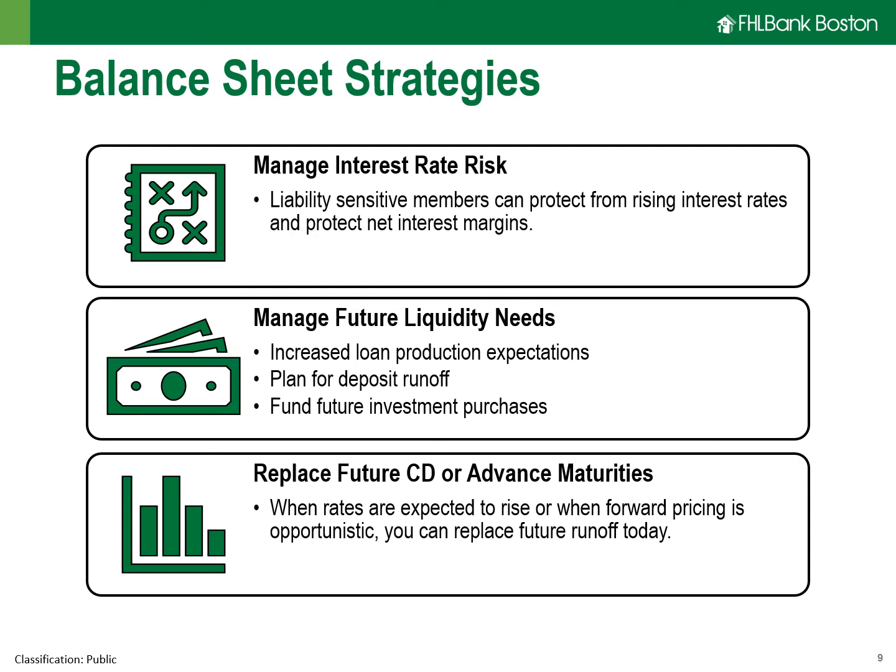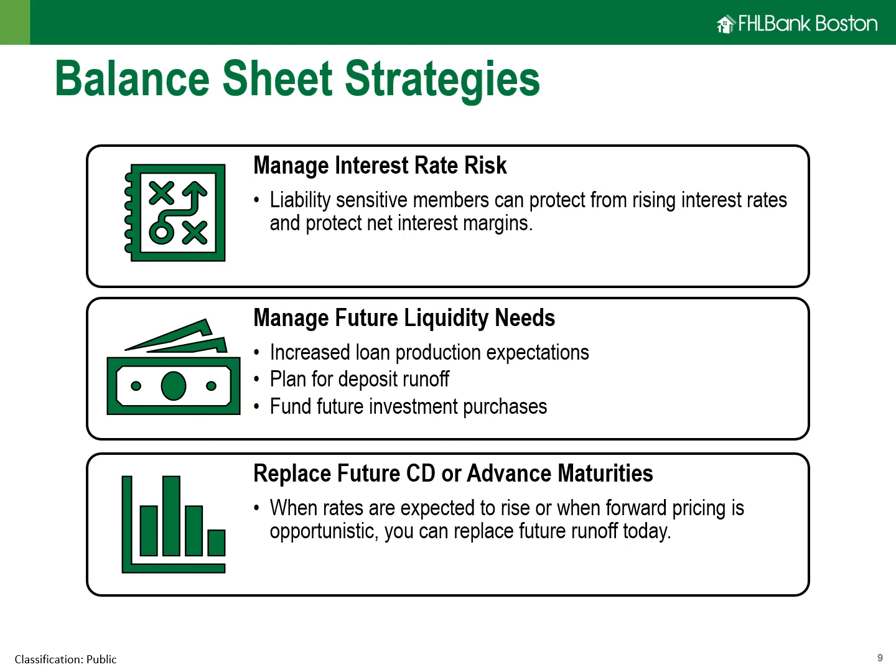And so the forward starting advance can help you lock in rates today. If there is a rising rate environment, you've already locked in those rates. So you may not need the cash today because a lot of our members are still flush with cash. You can delay that funding 6 months or a year out to 2 years for when you do need it, but manage that interest rate risk effectively.